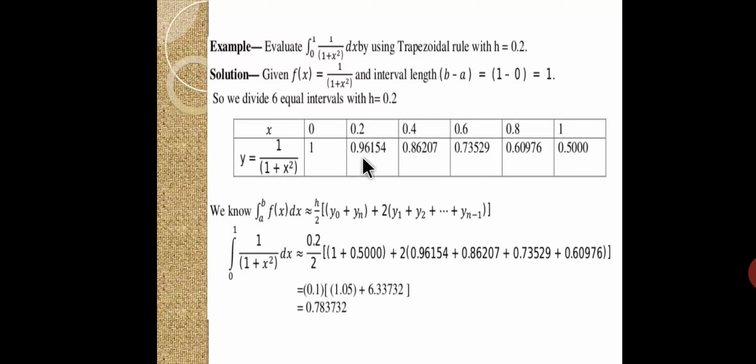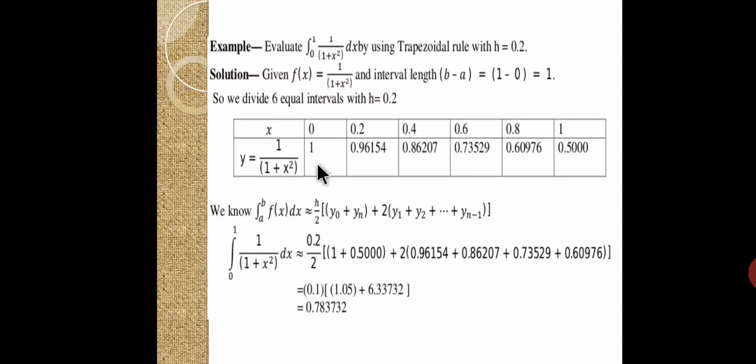So 1 by 1 plus 0.2 whole square, y1 is equal to 0.96154, and y2 is equal to 1 by 1 plus 0.4 whole square, which is 0.86207. y3 is equal to 1 by 1 plus 0.6 whole square, that is 0.73529. 1 by 1 plus 0.8 whole square is 0.60976, and 1 by 1 plus 1 square is 0.5.